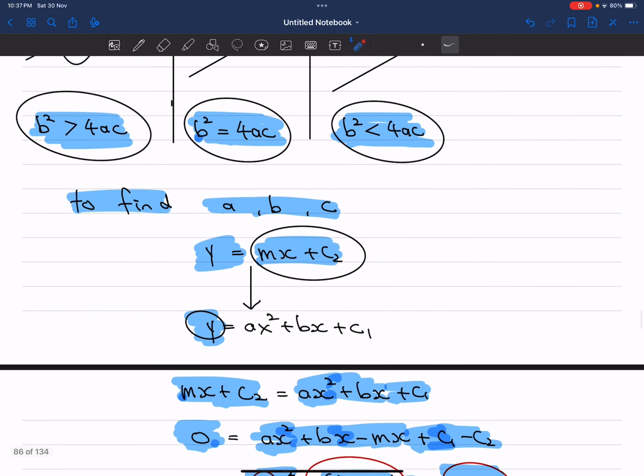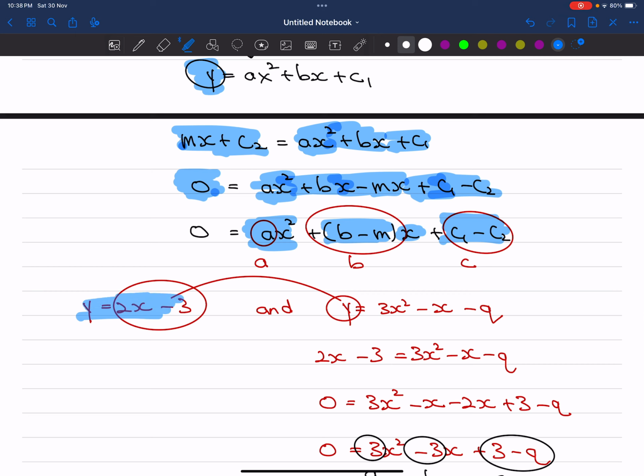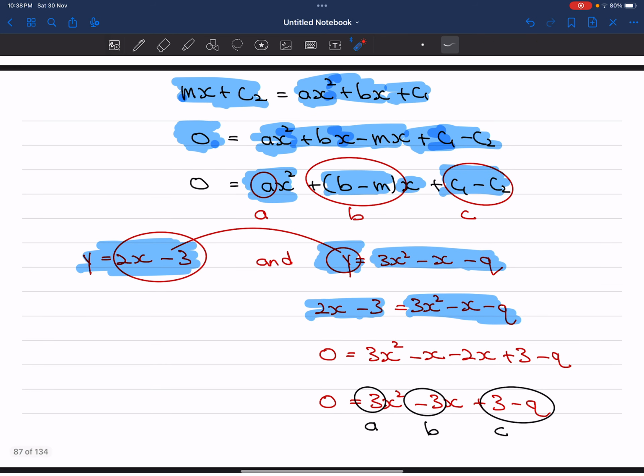So for our question, we were given y equals 2x minus 3. I take this y, substitute in the y of the quadratic function, which is 2x minus 3. And on the right hand side, I just copy back 3x squared minus x minus q. Now, I'm going to transfer the 2x minus 3 to the right hand side.